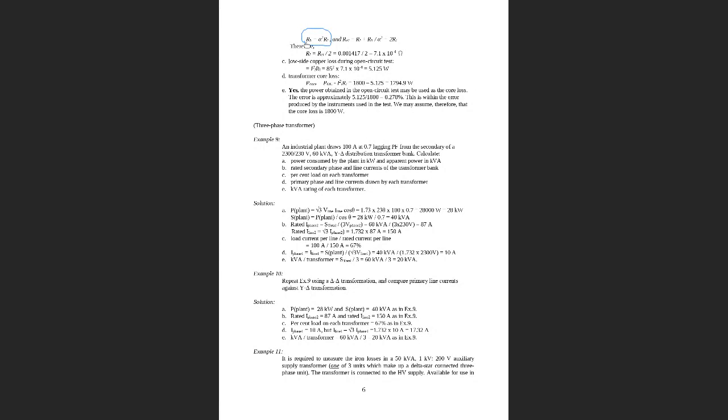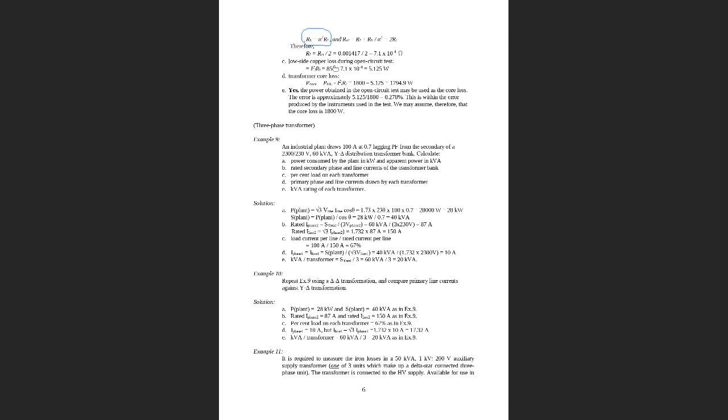Generally, we suppose the higher side resistance referred to the lower side equals the lower side resistance. So half of the equivalent resistance referred to the lower side is the lower side resistance, so the lower side resistance can be estimated.